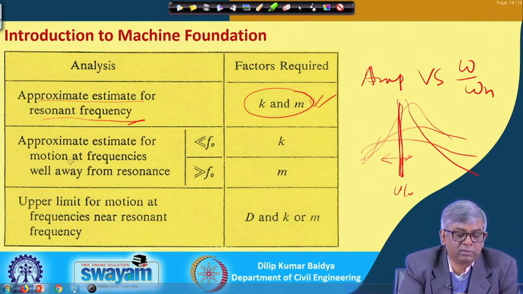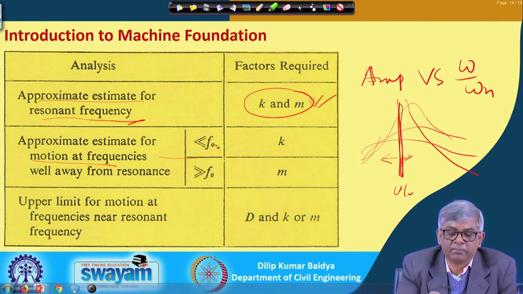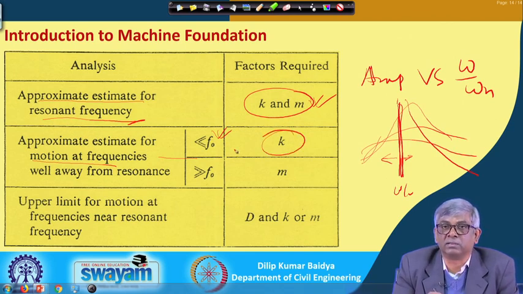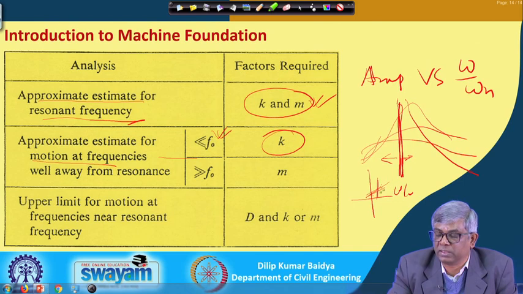Similarly, if you want to find the approximate amplitude in two frequency ranges: if the operating frequency is very small, then k is important, because you have seen that at very low frequency the amplitude, whether damping is there or not, is almost the same; all the curves are very close.